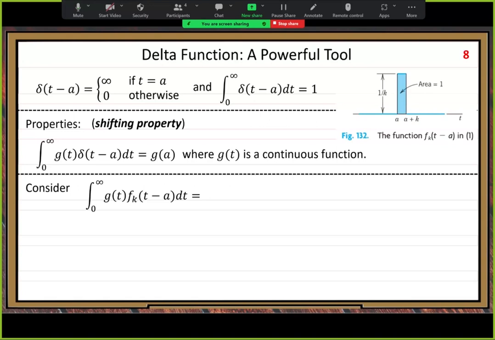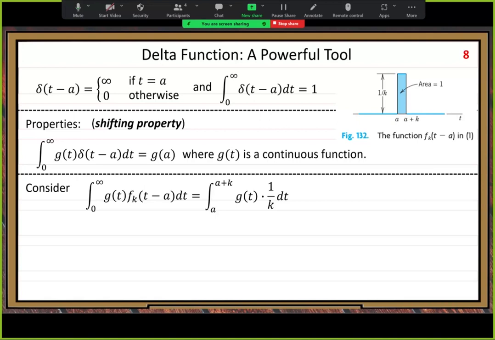We take the integral outside this little interval from a to a plus k, all 0. So that integral becomes 0 outside that interval, right? So we only need to consider inside this small interval, a to a plus k. In that interval, the fk function equals 1 over k, constant. So we can take it out.